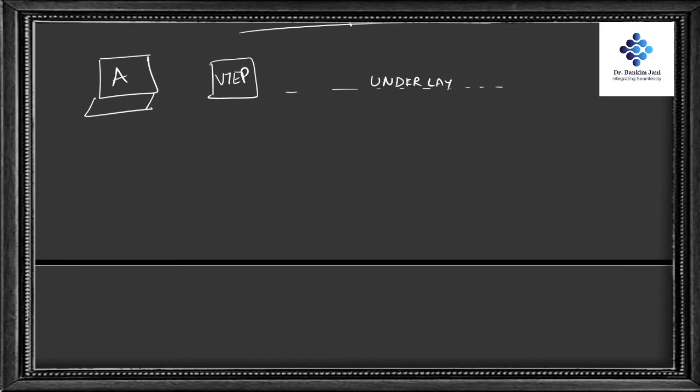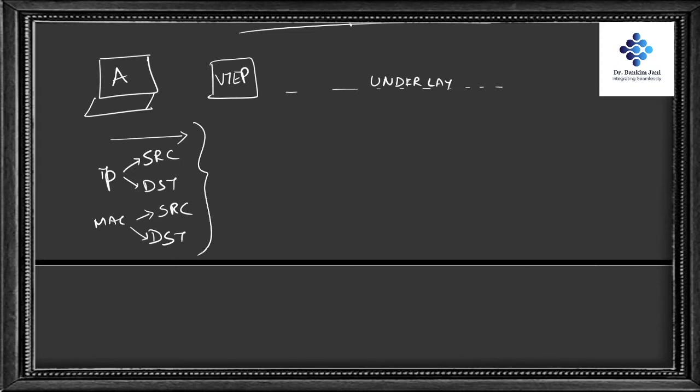Let's say this is A, right? So at this junction, what would this say? A will say that this is my source IP, this is my destination IP, this is my source MAC, and this is my destination MAC. That's it. But this VTAP would say no, this is fine, but I need to add something to it.